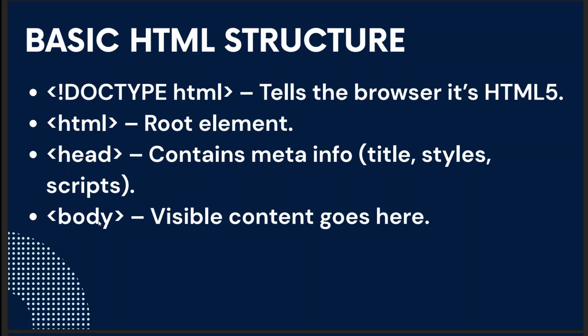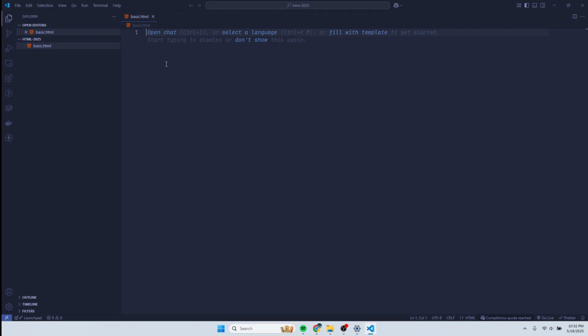Then we have the body. This is the element or the tag that is going to display or contain what is going to be visible in your web page. We're going to explain all this. So I'm going to show you how to arrive at that.